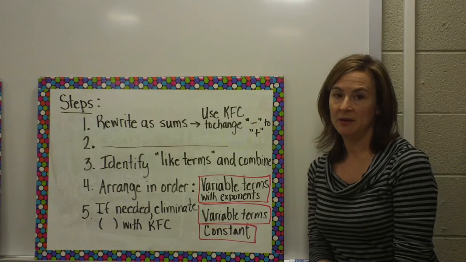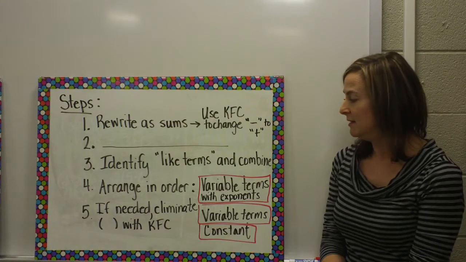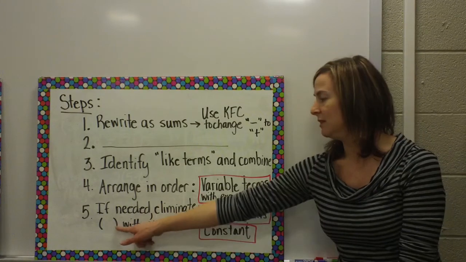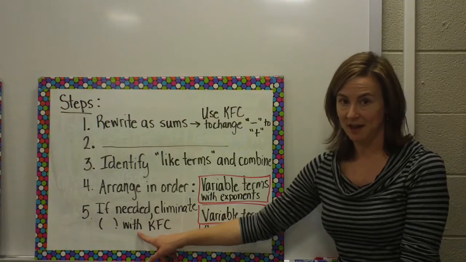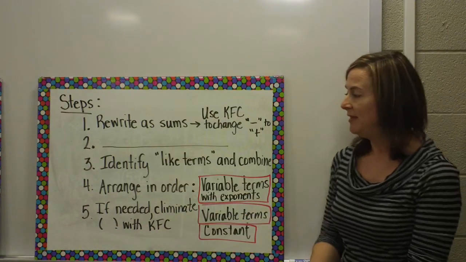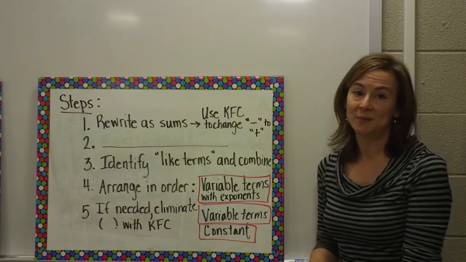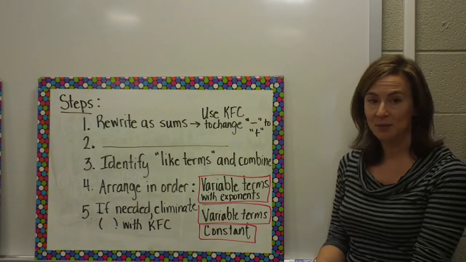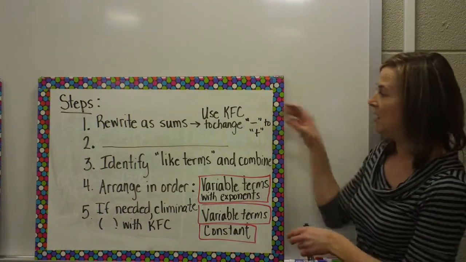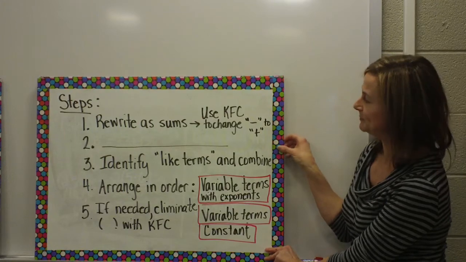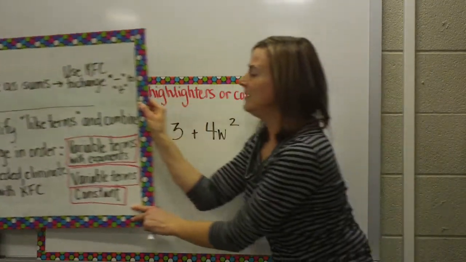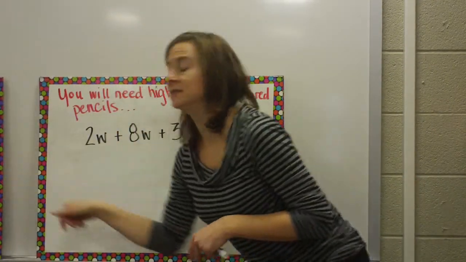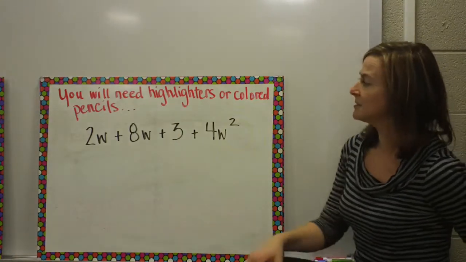The last step is, if needed, you are going to eliminate parentheses using KFC again. So these steps are going to make a lot more sense once we apply them. We're going to use 3 examples today to show you how to apply these steps. Again, make sure you have highlighters or different colored pencils to help you with this.